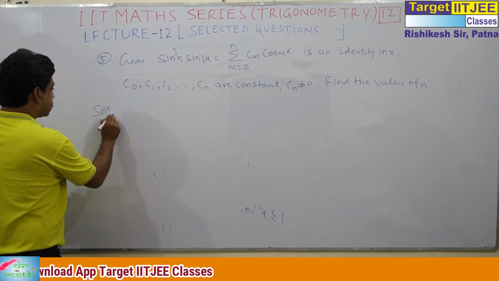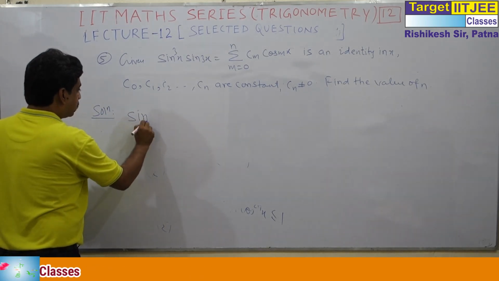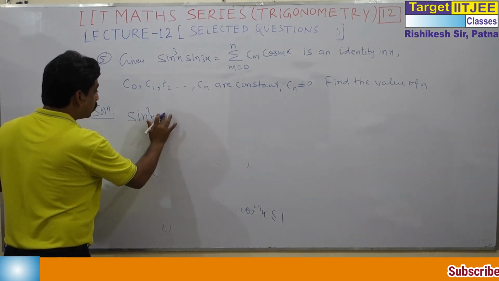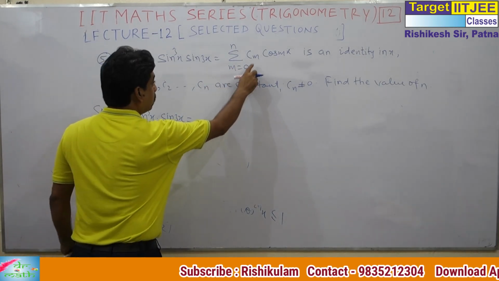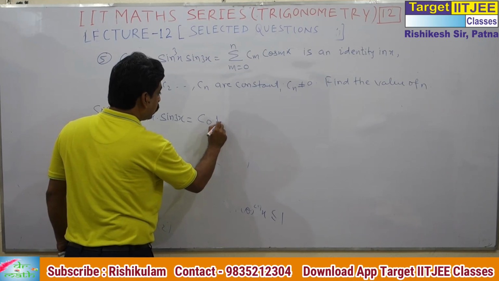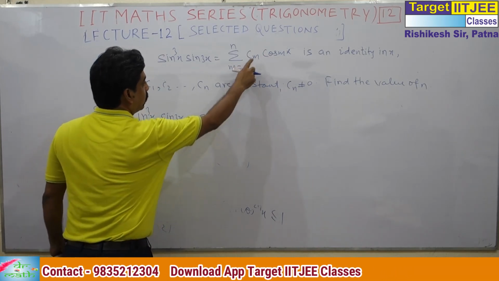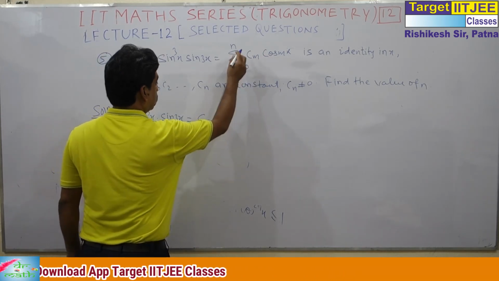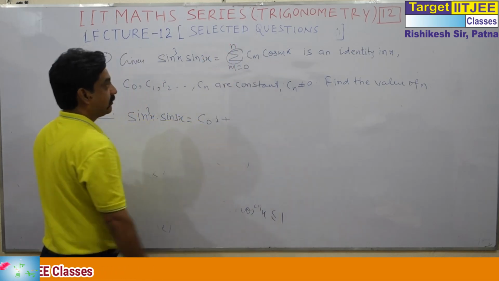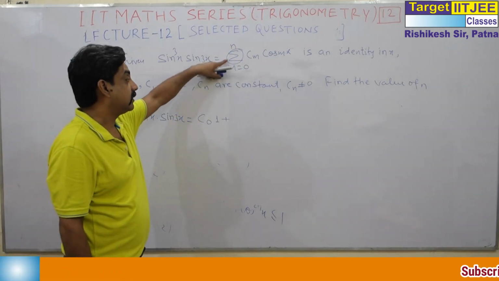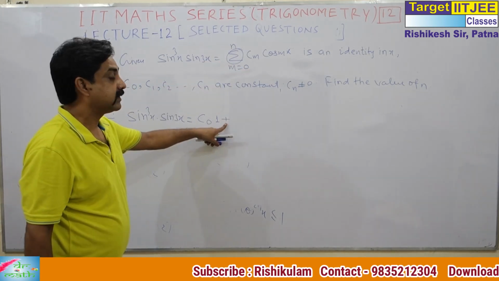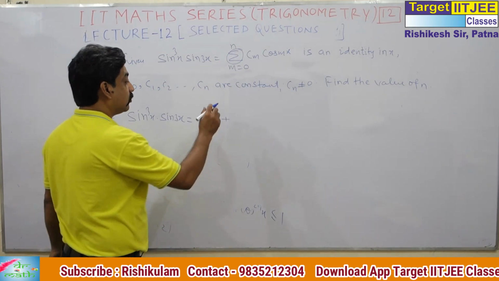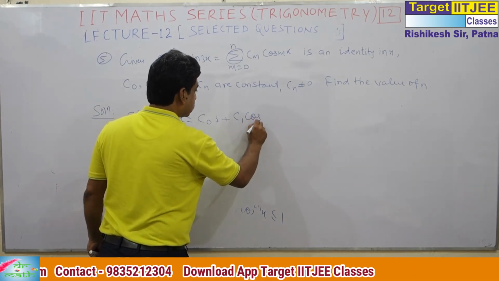Actually, this one is sin cube x into sin 3x equal to the summation over m equal to 0. Put m equal to 0: C0 into cos 0, which is 1. This is the symbol for summation, sigma. Put a plus sign. Then we put m equal to 1: C1 cos x.